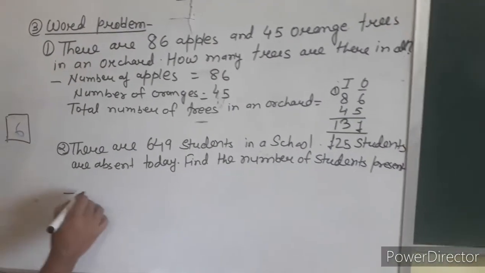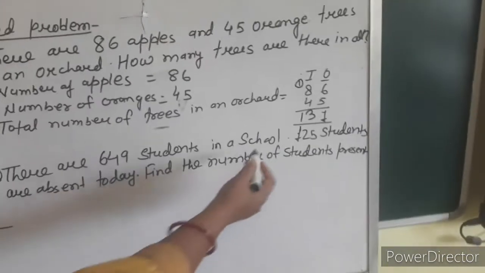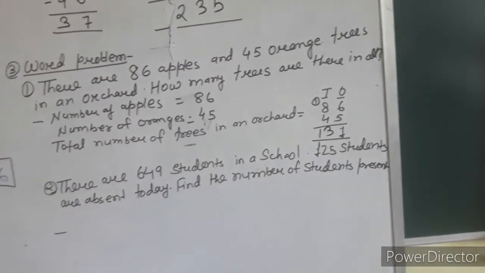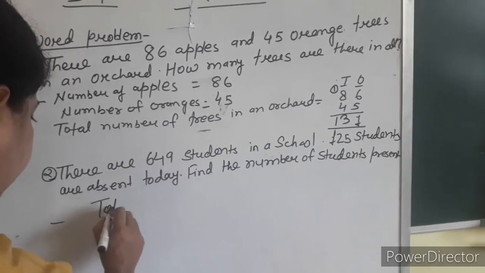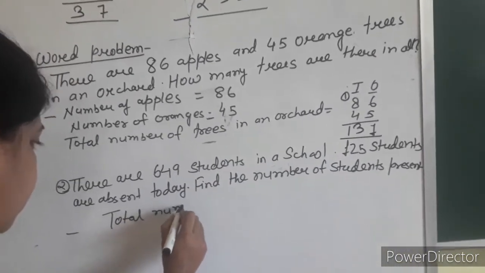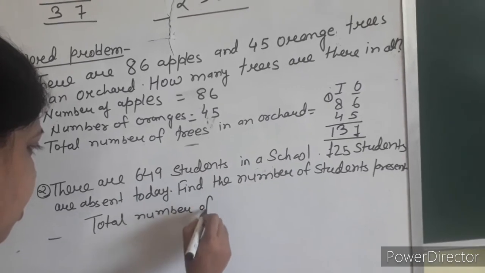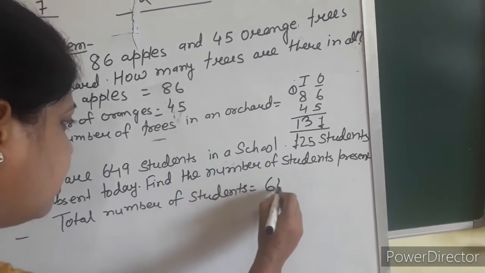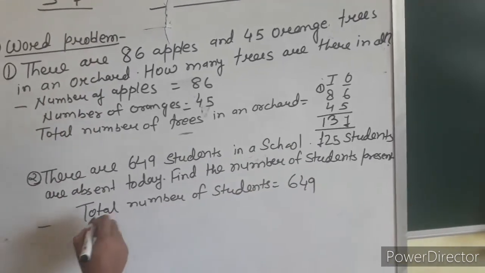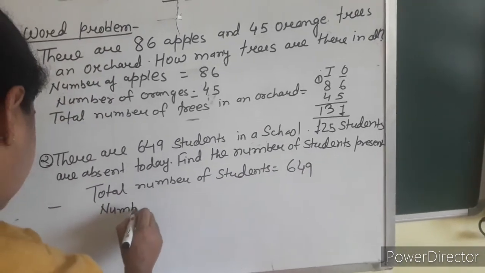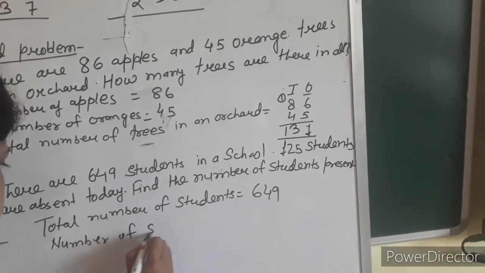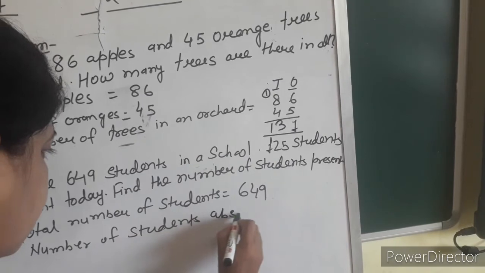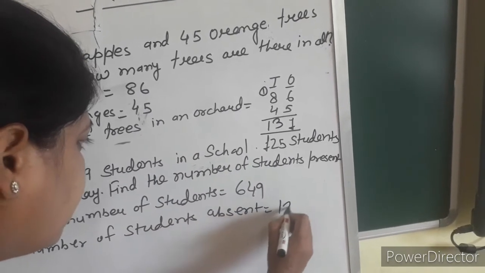Again this one, there are 649 students in a school, 125 students are absent today. Find the number of students present. So total number of students. How many students are there? 649. Number of students absent. How many students are absent? 125.